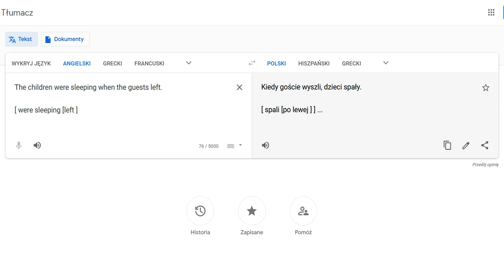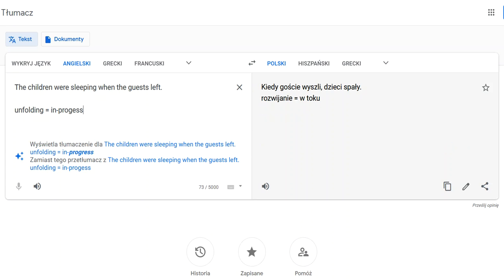So sometimes unfolding is roughly equivalent to in progress. Okay?